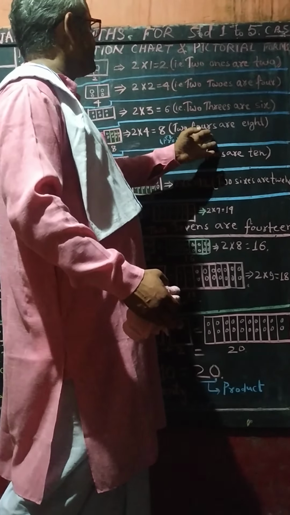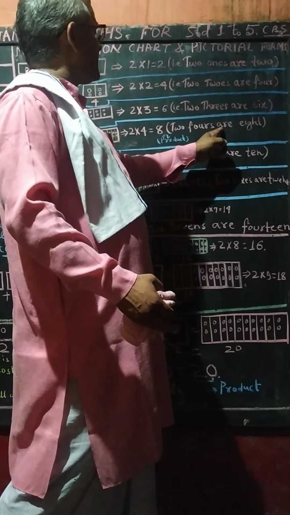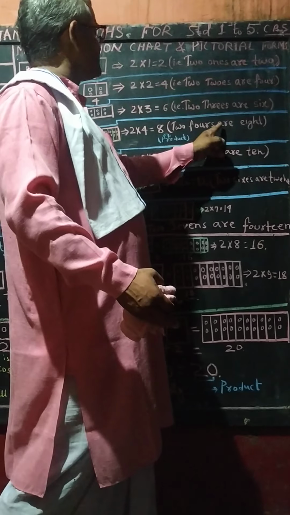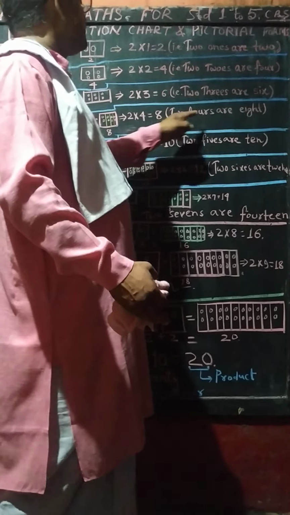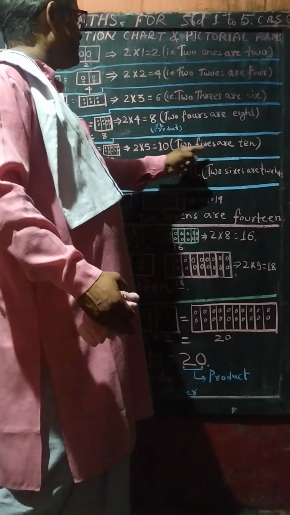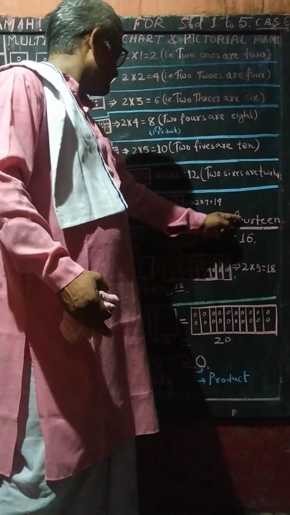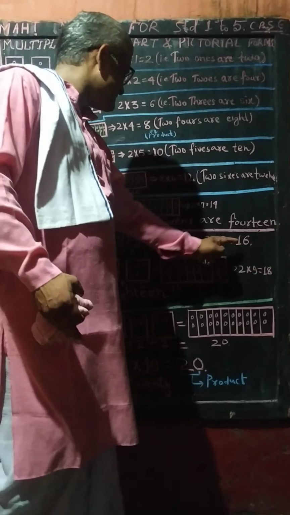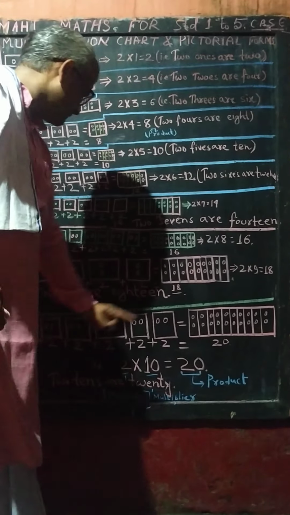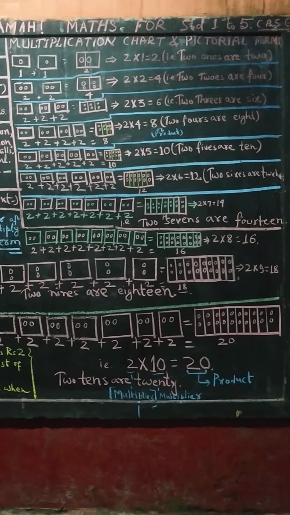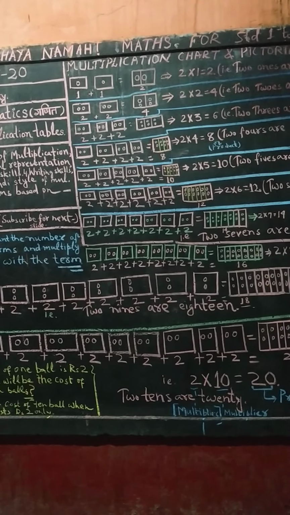The logic is this: S is pronounced as "ja", the A is pronounced loudly and RE becomes silent. That is the logic over here. 2 4s are 8. 2 5s are 10. 2 6s are 12. 2 7s are 14. 2 8s are 16. 2 9s are 18. 2 10s are 20.